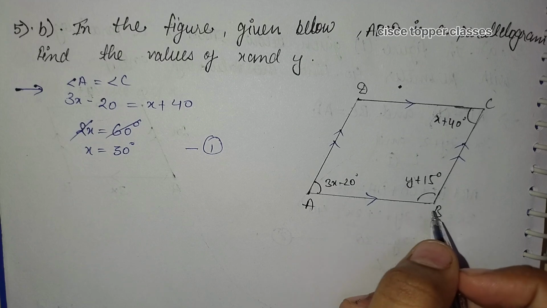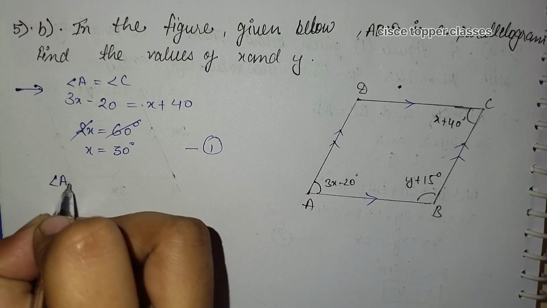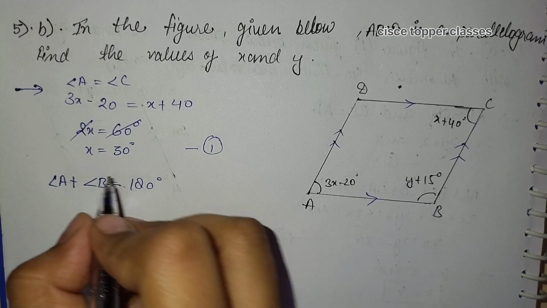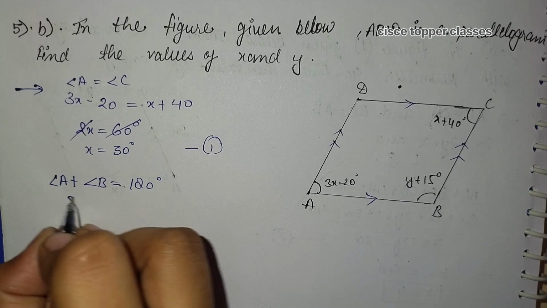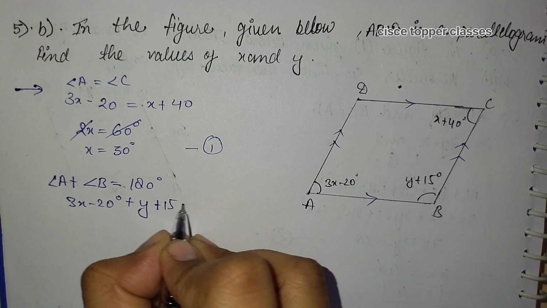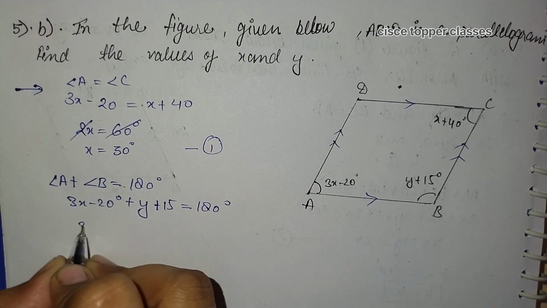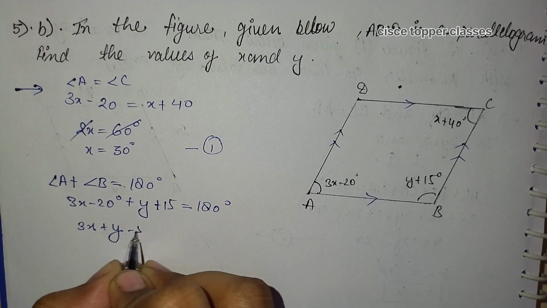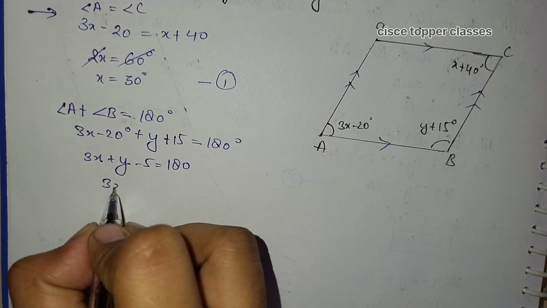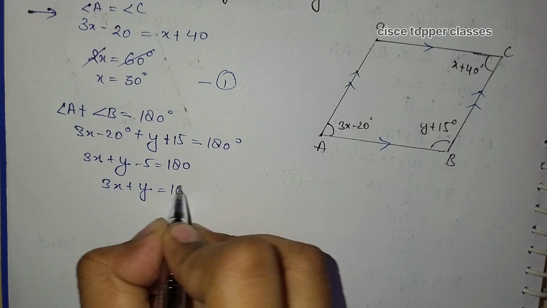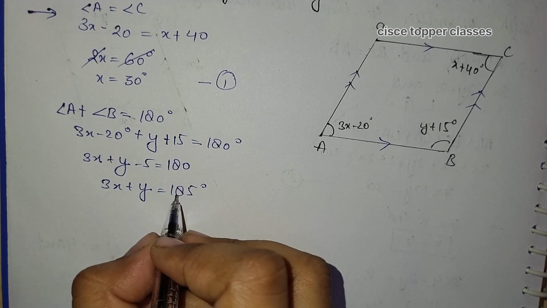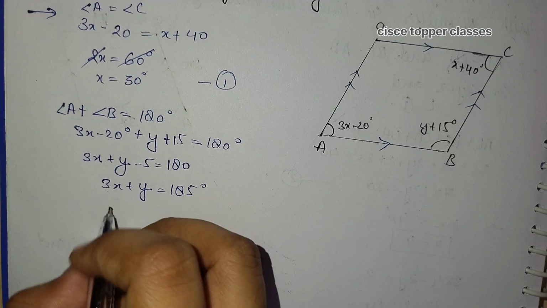And as adjacent angles are equal to 180 degree, we can write angle A plus angle B is equal to 180 degree. We will put the value of A here. So we can write 3x minus 20 degree plus y plus 15 equal to 180 degree. So it will be 3x plus y minus 5 equal to 180 degree from here. And we can write this part as 3x plus y equal to 185 degree, and we can put the value of x here.